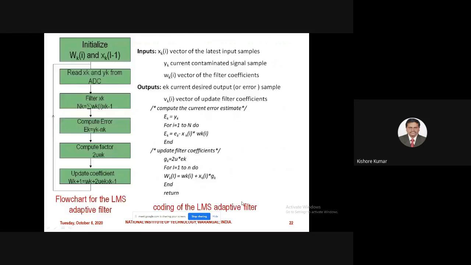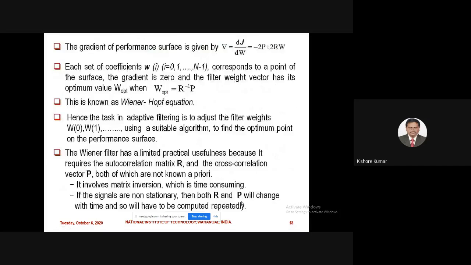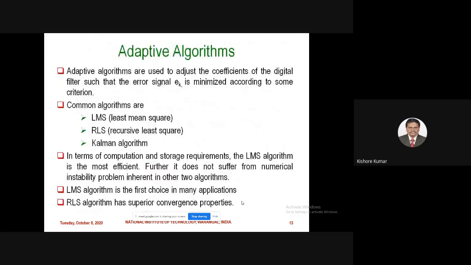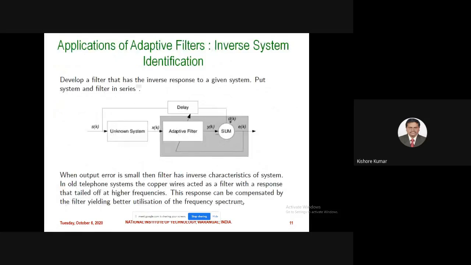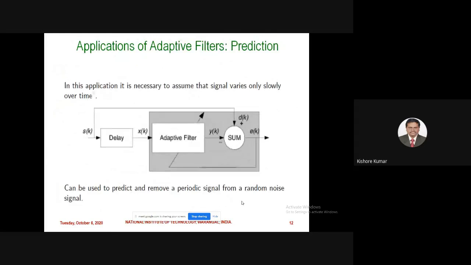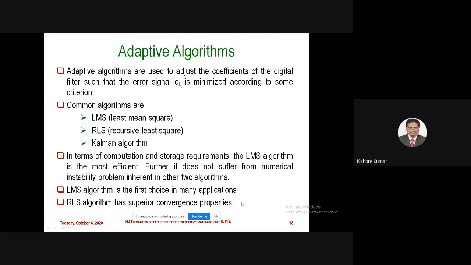We can use adaptive algorithms in the case of 5G technologies, where there are different types of problems: inverse system, system identification, and prediction, all sorts of things that we will try to use. This is just a glance at the adaptive algorithm.